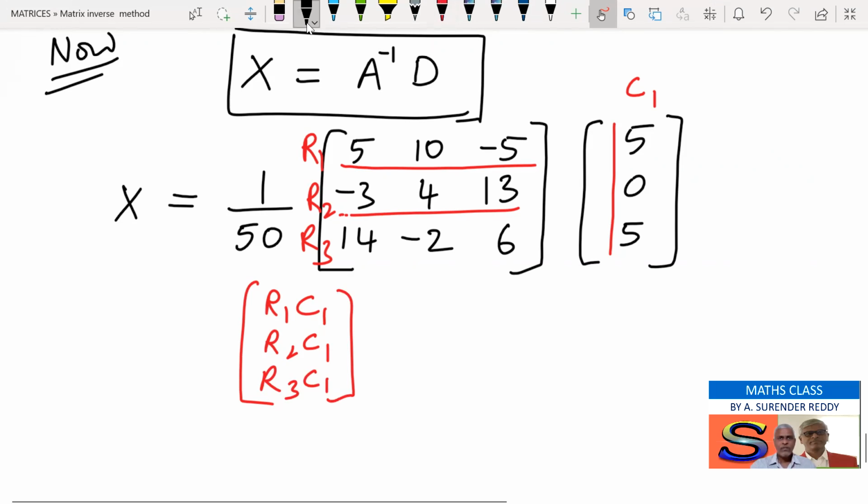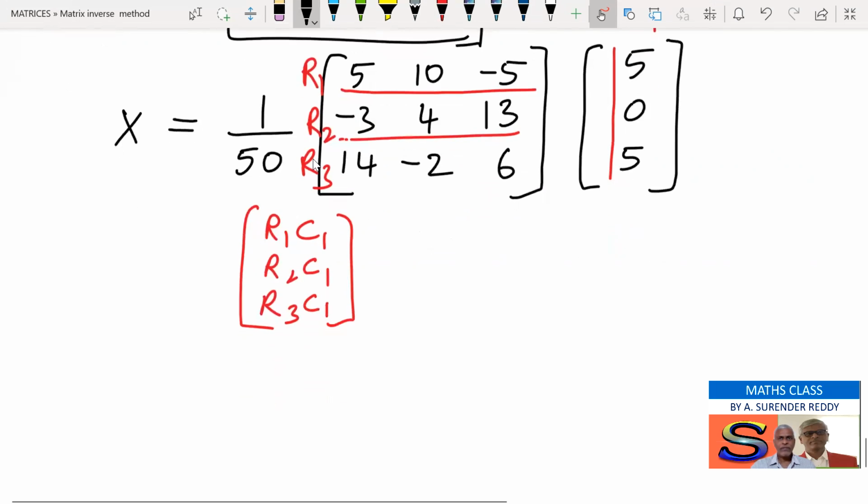So after multiplying, we get, keep 1 by 50 as it is. You need not multiply 1 by 50 inside. Now R1C1, first row elements with the first column.